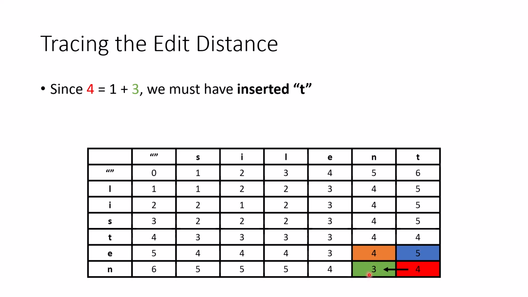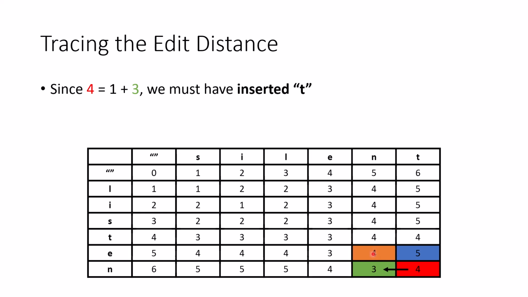So we know that we must have come from here. That means that one of the operations we did must have corresponded to inserting a T character. Remember, every horizontal operation, going from the left element, corresponds to an insertion. If we draw from the top, that corresponds to a deletion. And if we go diagonally, that corresponds to a substitution.